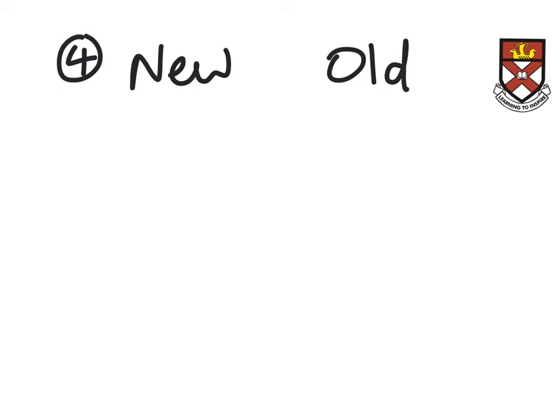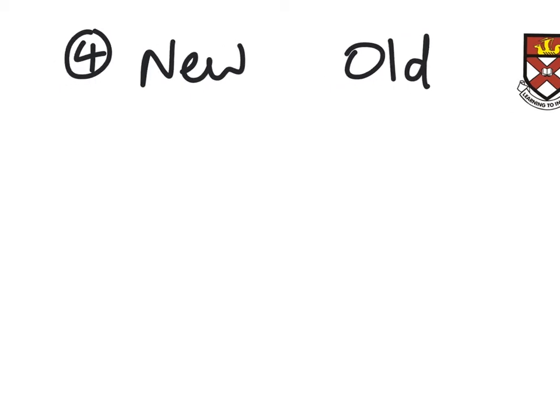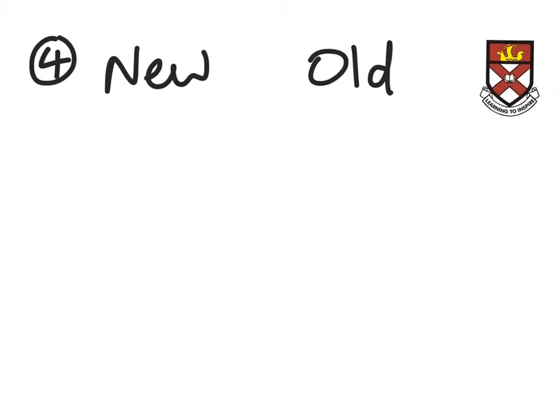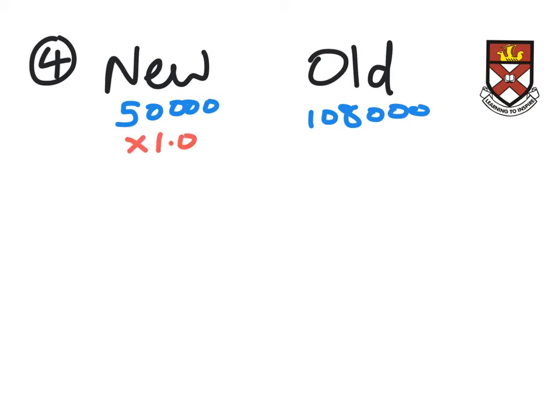Question 4, we have Newtown. Oops, we moved that across there. Newtown has 50,000 people in it. Old Town has 108,000. Newtown increases by 5%, so times 1.05.